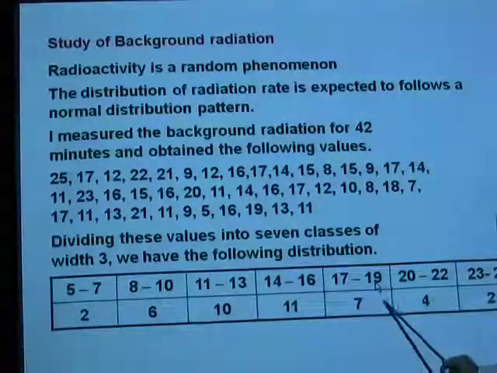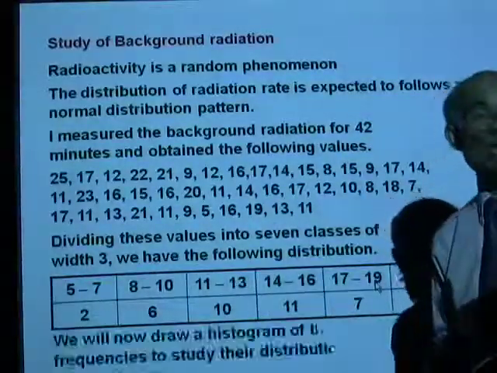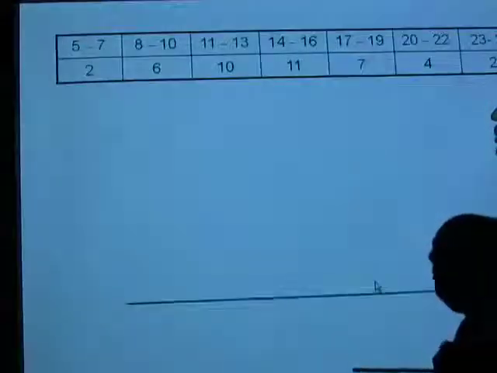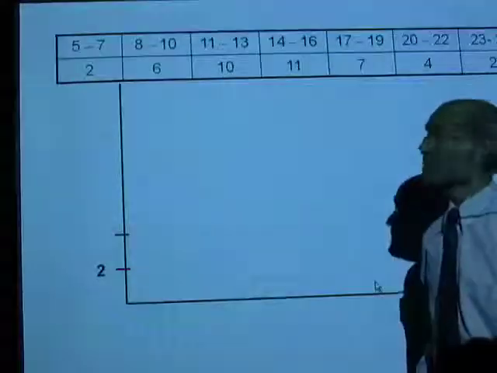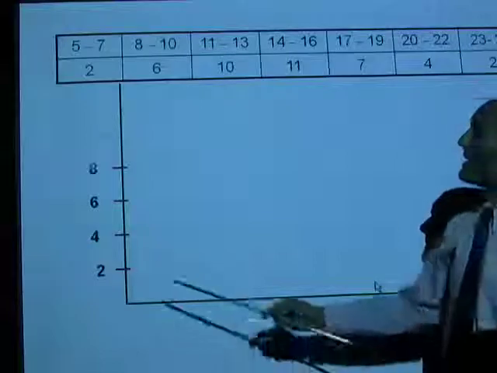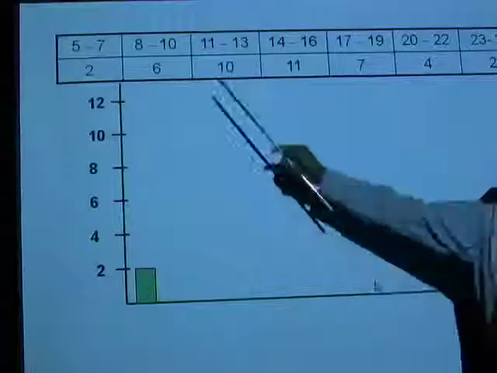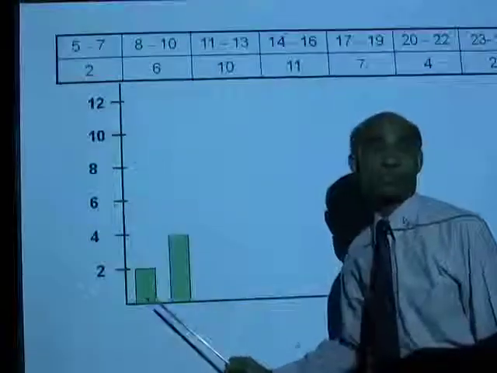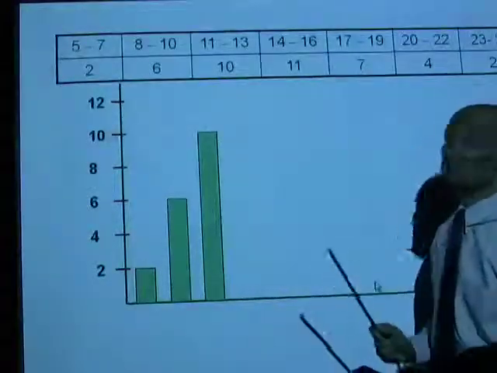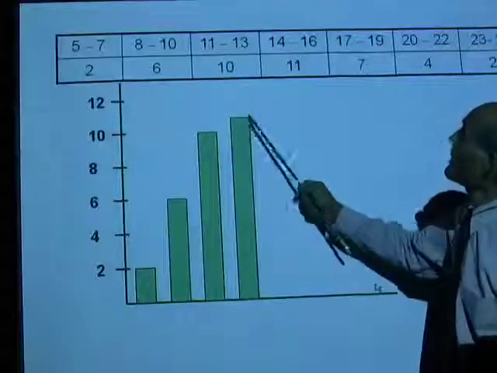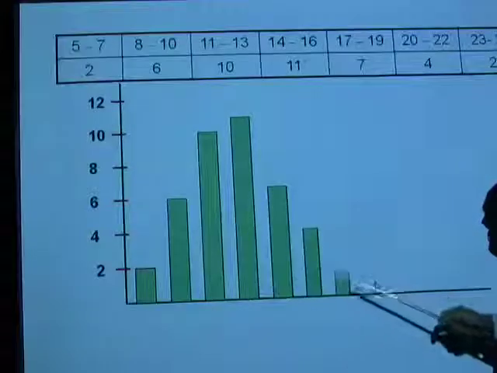Now this is called the frequency table of a distribution like this. This can be used to draw a histogram, and I did draw a histogram. On this axis I have the frequency, 2, 4, 6, 8, 10 and 12, and the first class has a frequency of 2, the second class has a frequency of 6, the third class has a frequency of 10, the fourth class has a frequency of 11, and then the fifth, sixth and seventh classes.